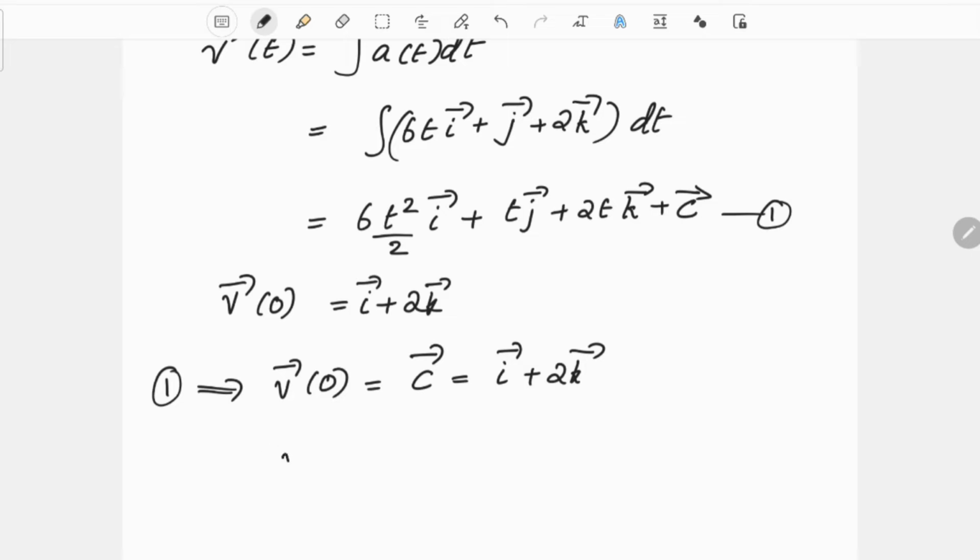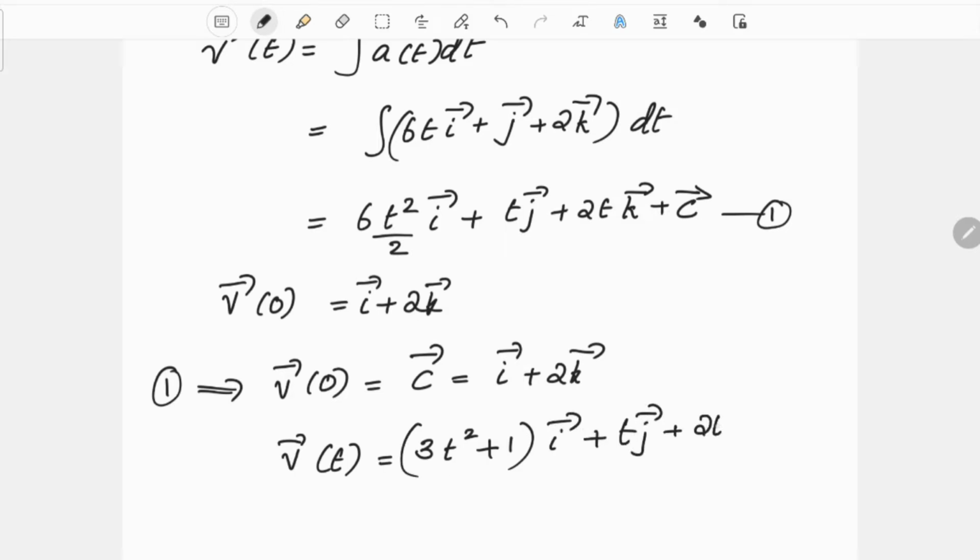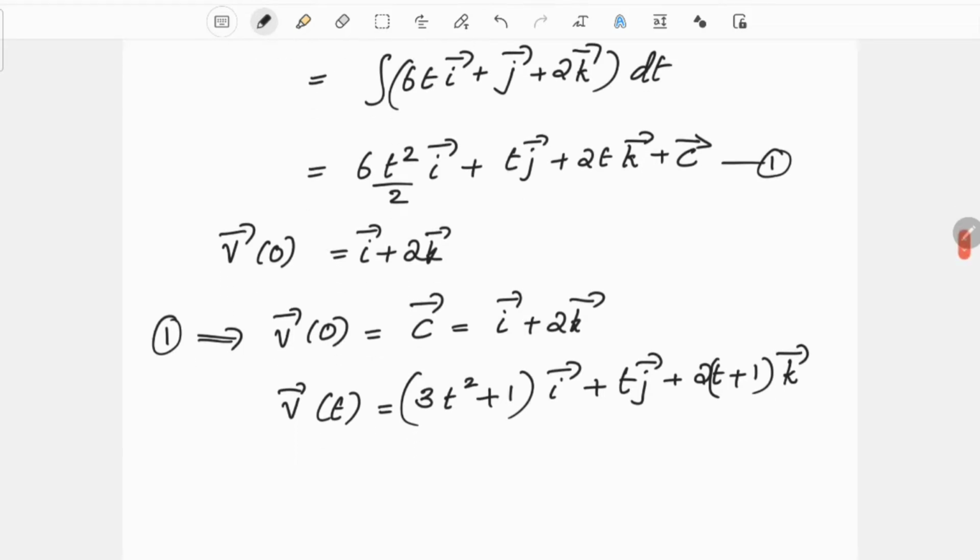So v(t) is equal to (3t² + 1) i + t j + (2t + 1) k. So v(t) is given by this.